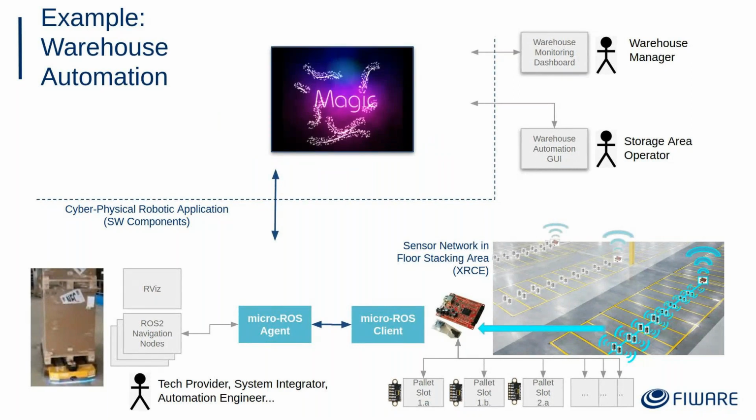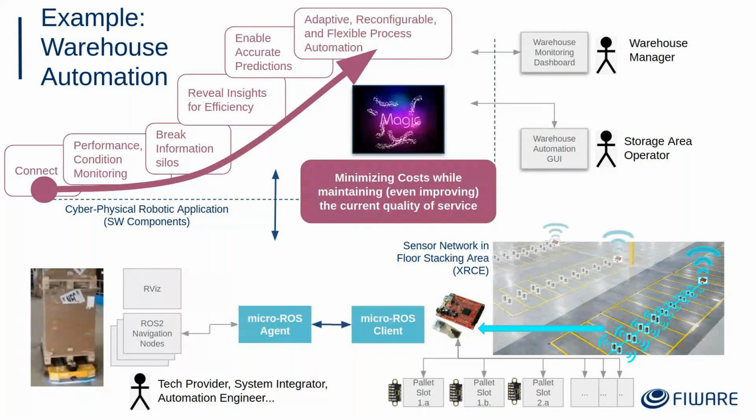The meaning of magic in this scenario is something like this. The digital platform is intended to connect every asset, to provide transparency and visibility to every digital device in order to be able to monitor the performance or condition of every asset in the deployment through semantic interoperability, or at least structured interoperability.